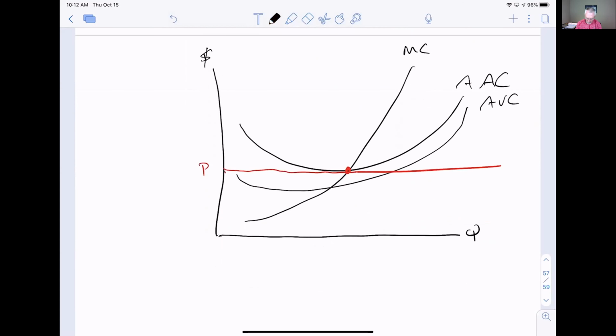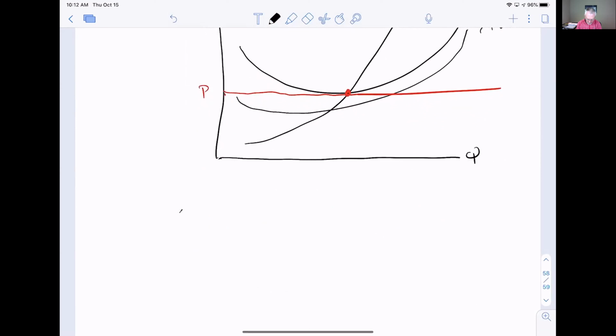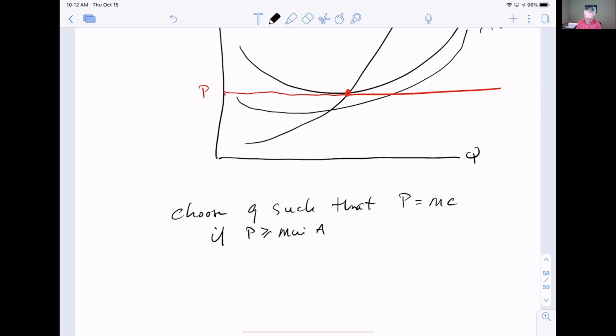My firm will choose Q such that price is equal to marginal cost if price is at least as great as minimum average avoidable cost.